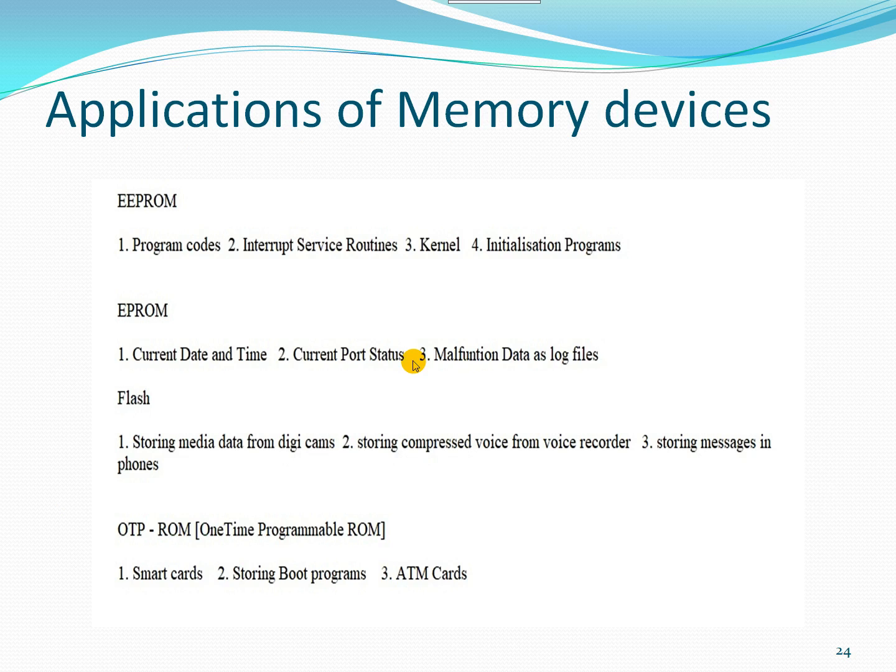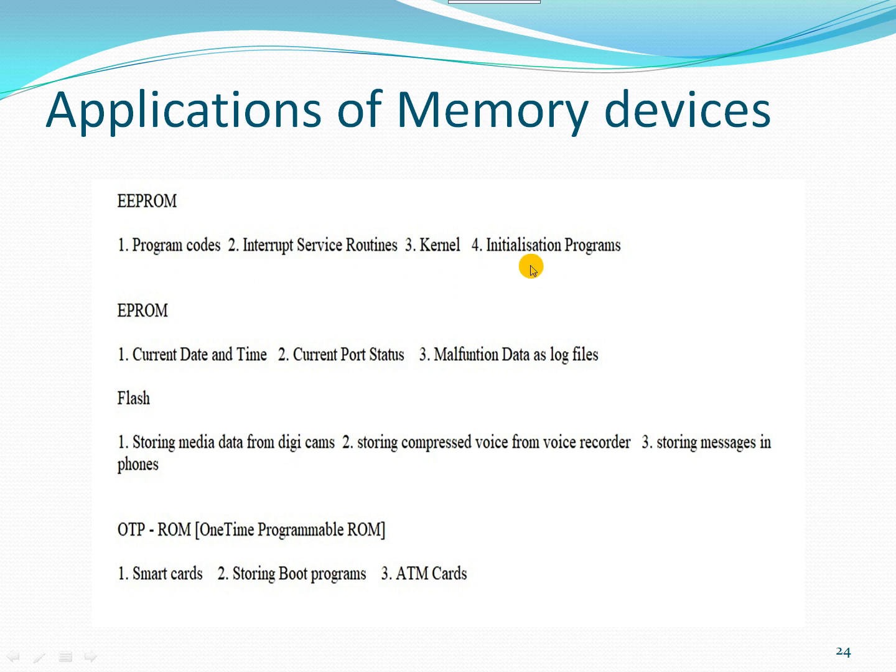The applications of the memory devices: the EEPROM is mainly going to be used with the program codes and interrupt service routines. Kernels are going to be the main heart of the operating systems. So most of the operating systems are going to be stored inside an EEPROM because we need to update them whenever we need to, and also the interrupt service routines and the program codes are going to be normally stored inside EEPROM memory chips only.